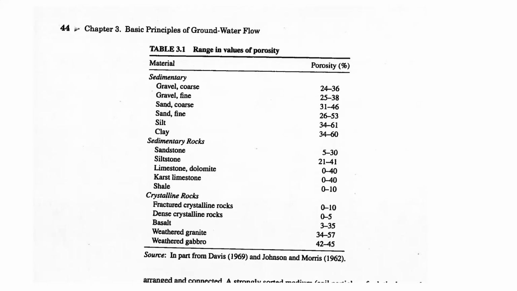Just as a rough order of magnitude, if you thought of crystalline rocks as having a porosity of 1%, that's a reasonable number. So you've got essentially crystalline rocks at 1%, sedimentary rocks at 10%, and sediments at 30%.